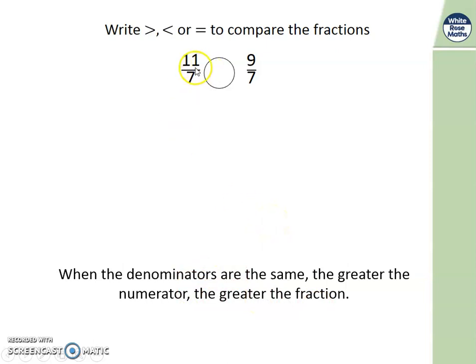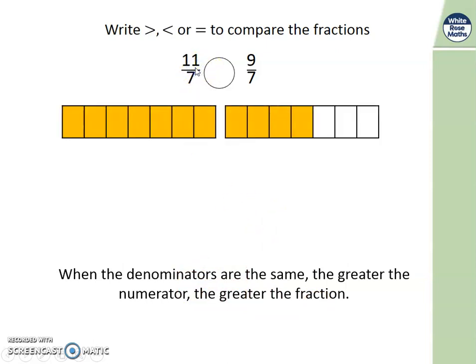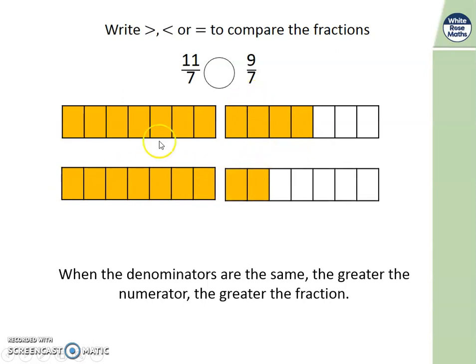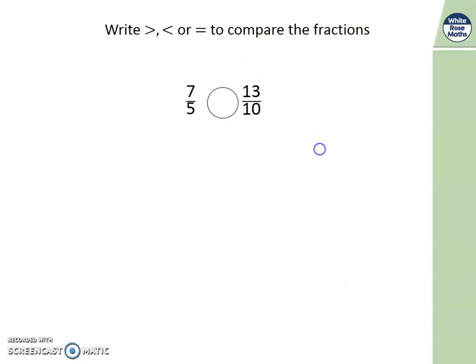Therefore, 11/7, let's look at it. Well, there's 7/7, and then we've got 11. And for 9/7, well, there's 7 of them, and 2 more makes 9. And you should be able to see that 11/7 takes up more space than 9/7. Therefore, 11/7 is greater than 9/7.